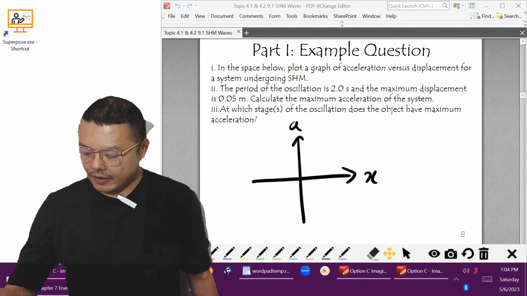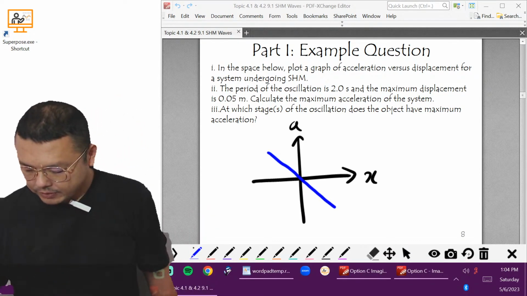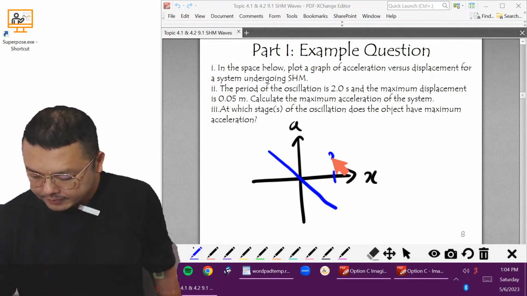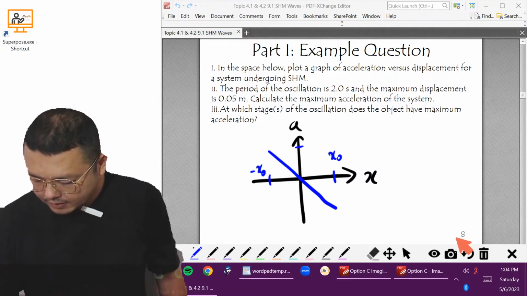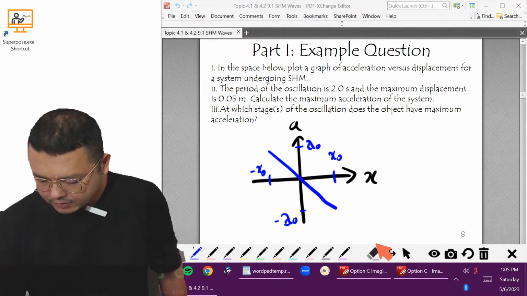The graph looks like this: a straight line through the origin, going down. This is x naught, this is negative x naught, this is a naught, and this is negative a naught.